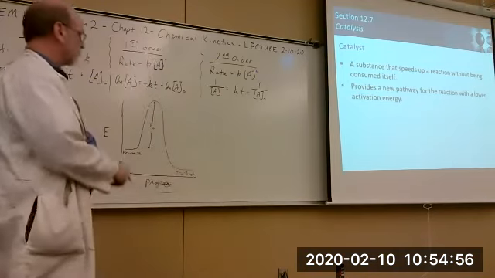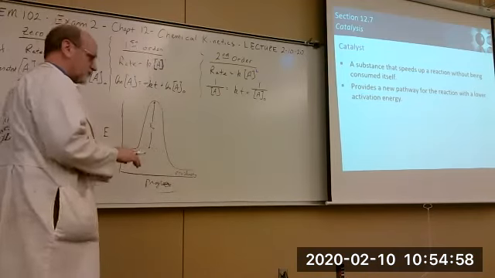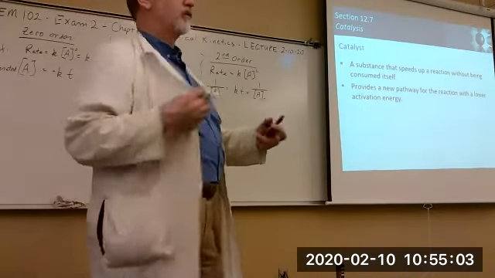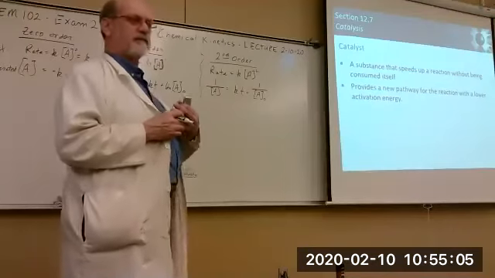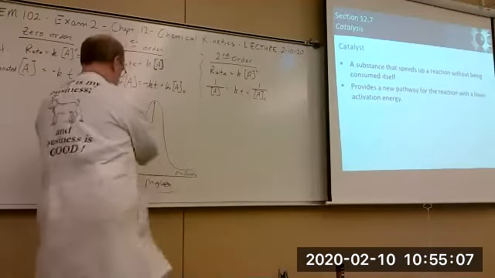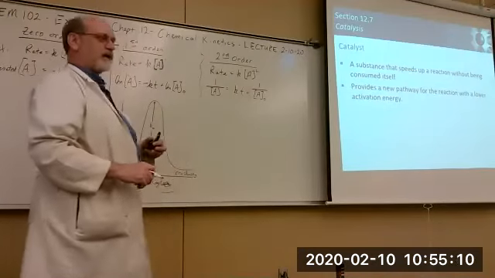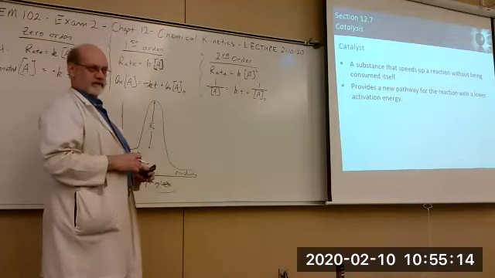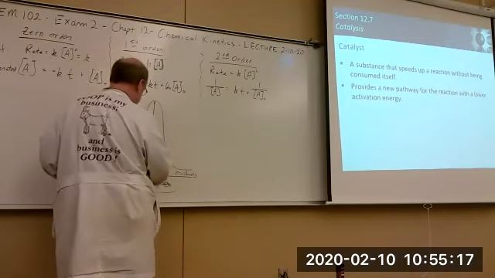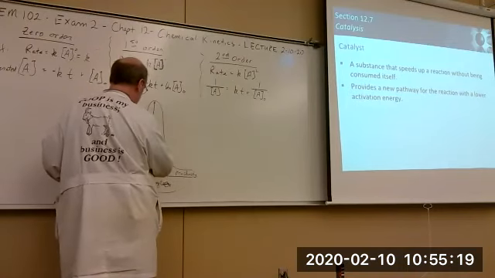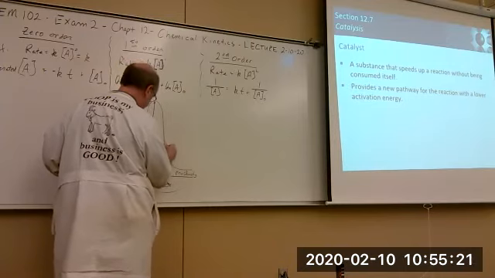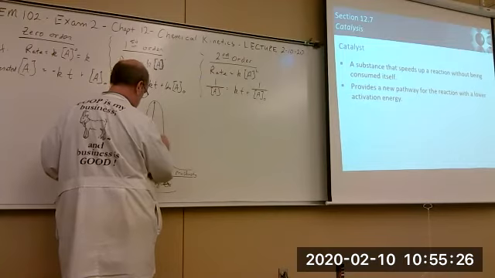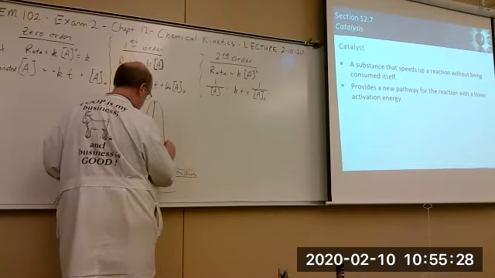With a catalyst, what a catalyst does is it provides one or more alternate elementary steps in between from here to here. And the elementary steps provided by the catalyst have a much lower activation energy. So for a catalyst, we might just go up like this, and this would be our new activation energy for a catalyst.